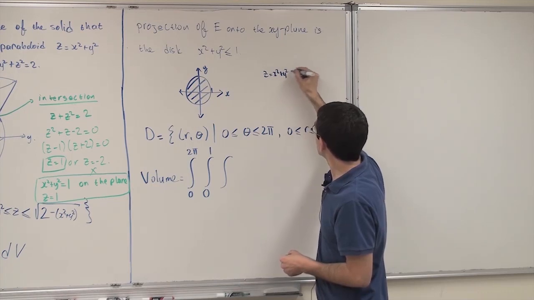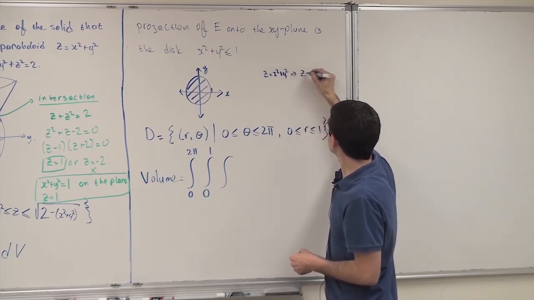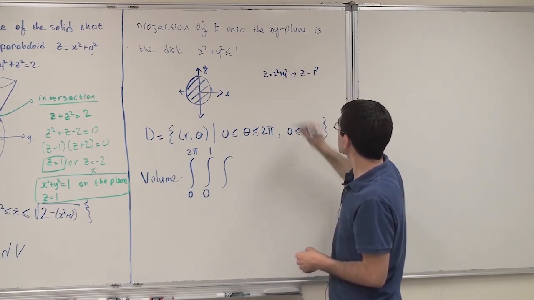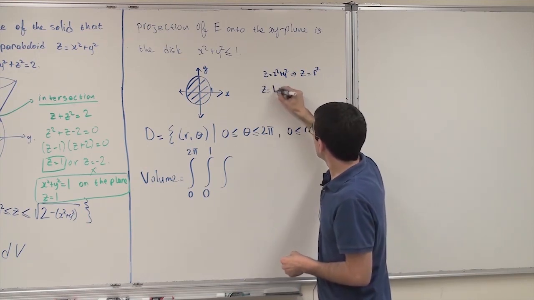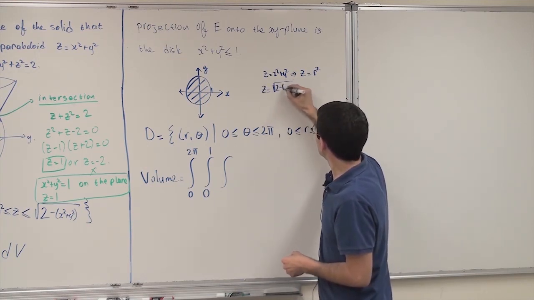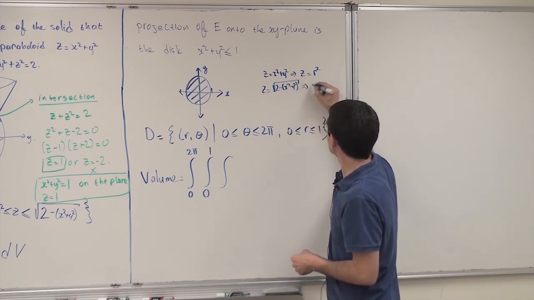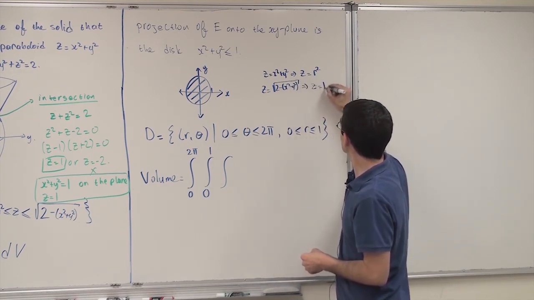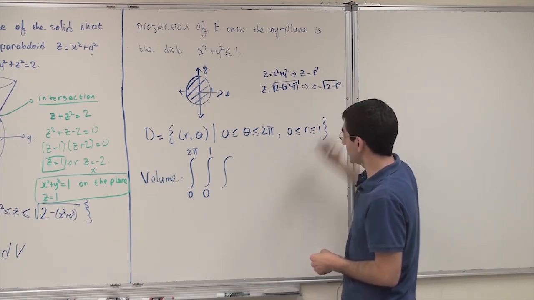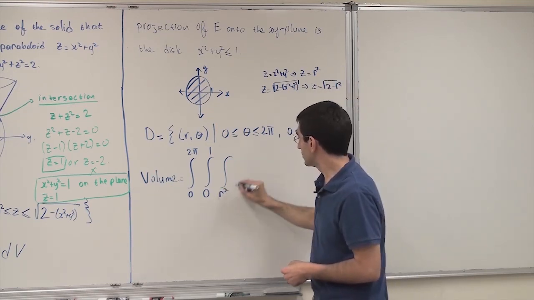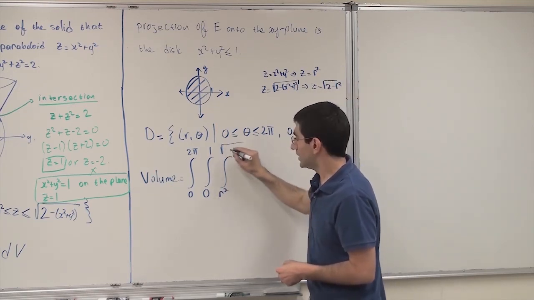So let's do them here. x squared plus y squared, in cylindrical coordinates, is going to be r squared. And root of 2 minus x squared minus y squared in cylindrical will be z equals root of 2 minus r squared. So we use those boundaries.